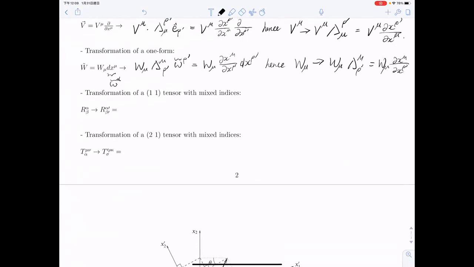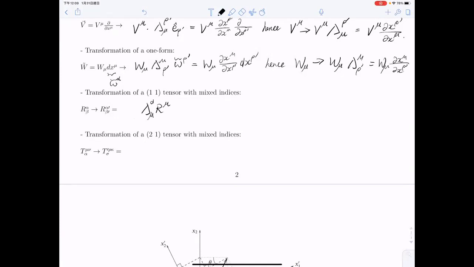So the answer is very clear. We transform index by index. What do I mean by one by one? Take alpha: to transform alpha to alpha prime, we multiply by the coordinate transformation matrix.